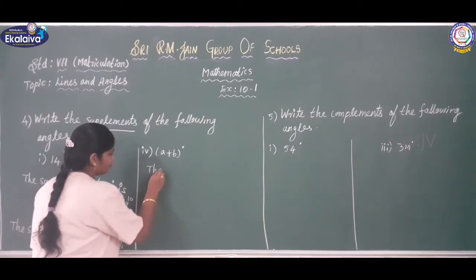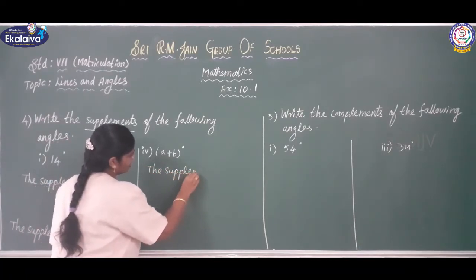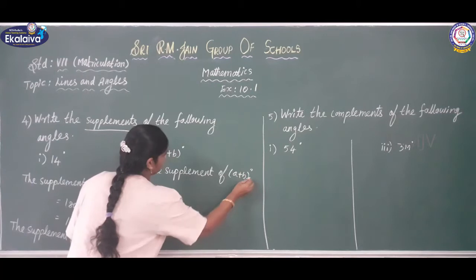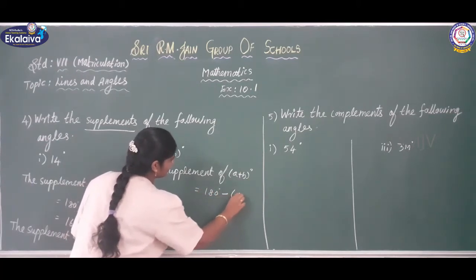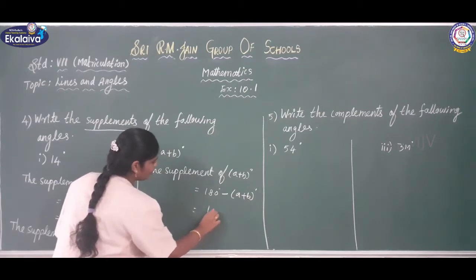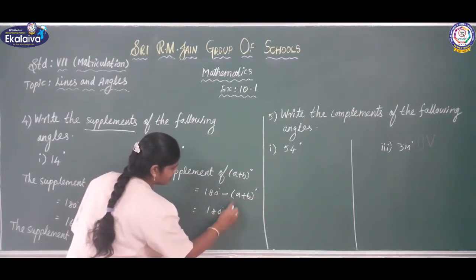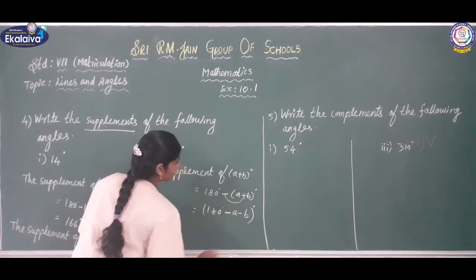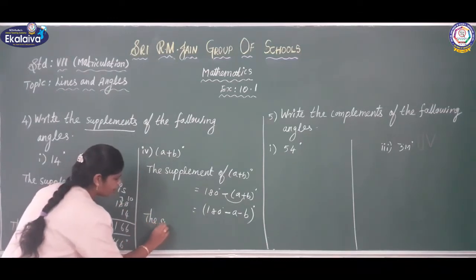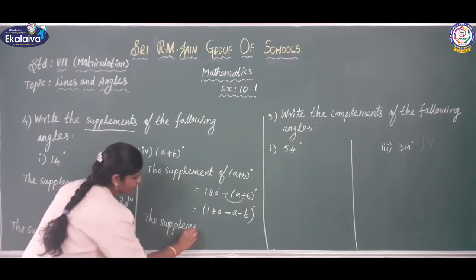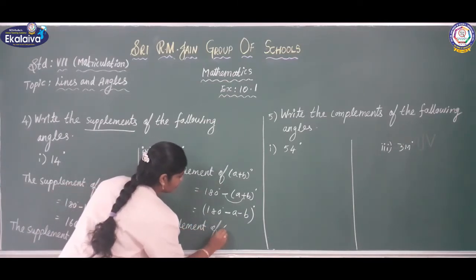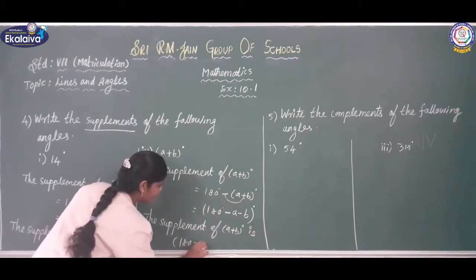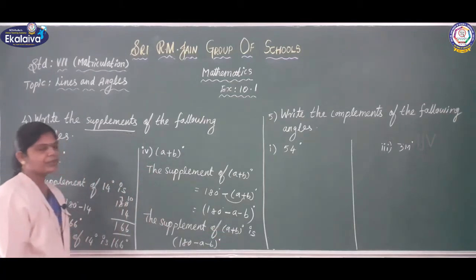So the supplement of A plus B degrees is 180 minus A minus B degrees. Is it clear, children?